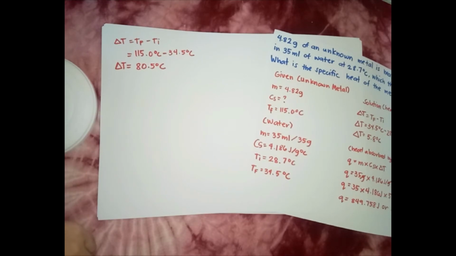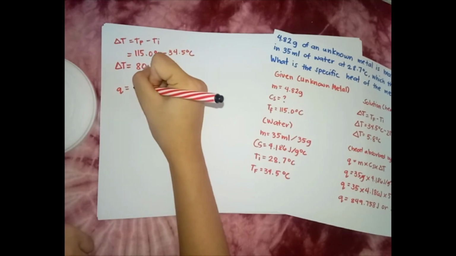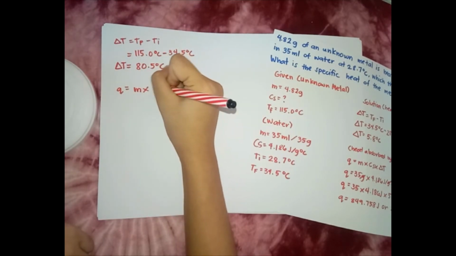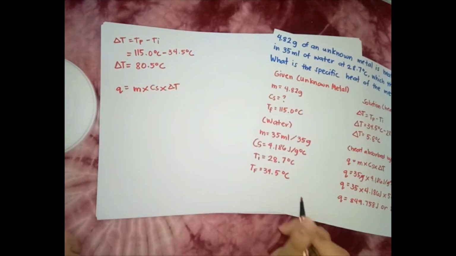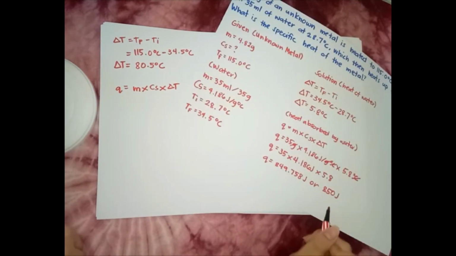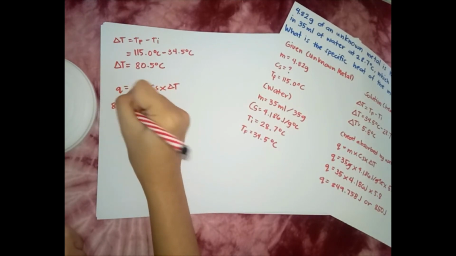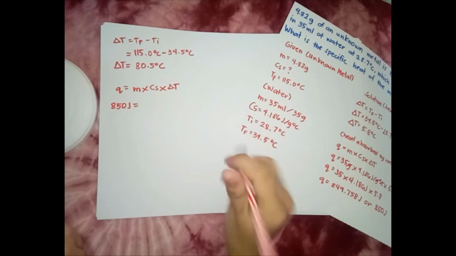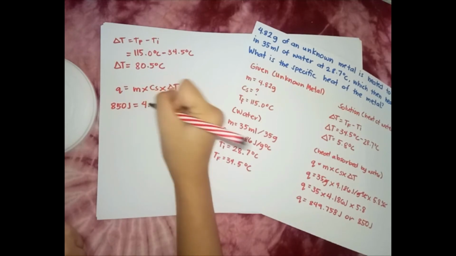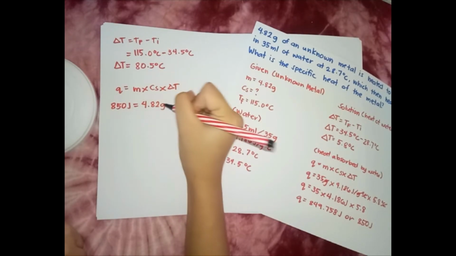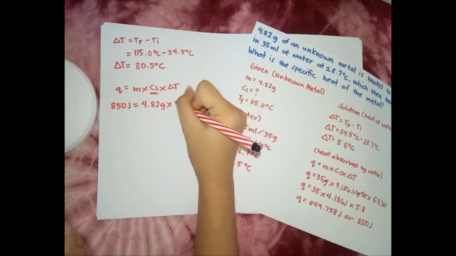So now that we have solved for the temperature difference between the water and the unknown metal, we now have to solve for the specific heat of the metal, which is we're going to use Q equals M times specific heat times delta T. We have here 850 joules from earlier, equals 4.82 grams from the unknown metal times specific heat.